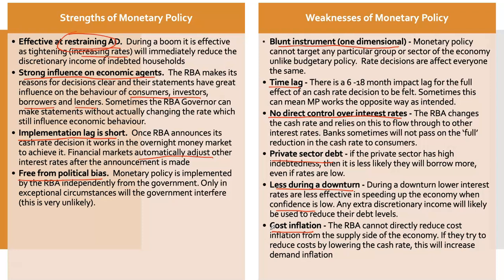Now, monetary policy is not that effective at impacting supply. So they're going to have to address that and understand that monetary policy is only effective at addressing demand inflation. So I hope this gives you a good summary of the strengths and weaknesses of monetary policy.